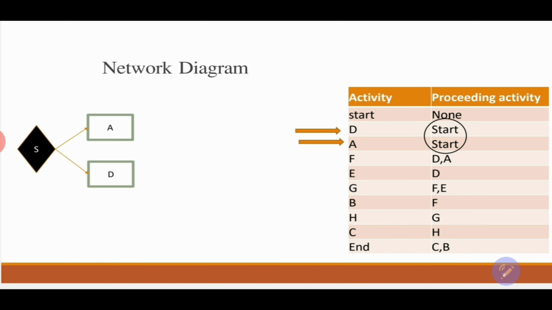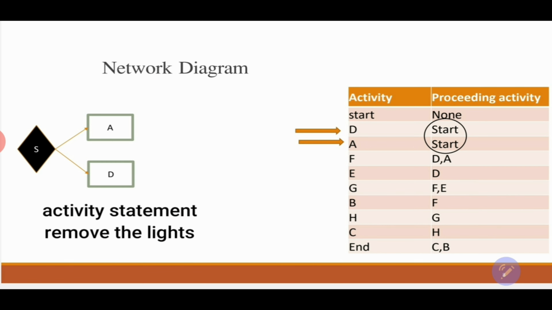For an example, I have prepared a table of 8 activities to a certain project or a certain deliverable, where we will see that on the left column we are presenting the activities, and for simplicity purpose I have used letters, but I can replace any of these activities with any activity statement, such like install the furniture, remove the lights.